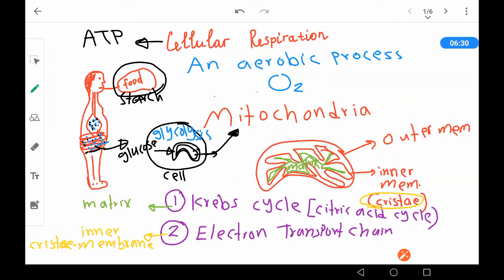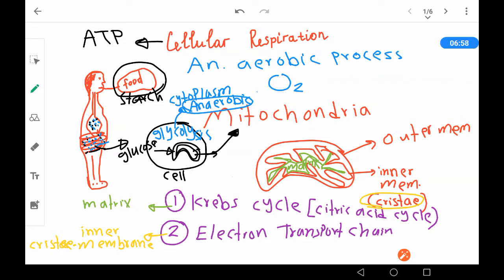We have to know that glycolysis takes place inside the cytoplasm of the cell, and it is an anaerobic process. I wrote anaerobic as one word.